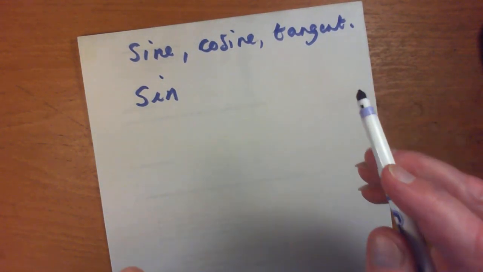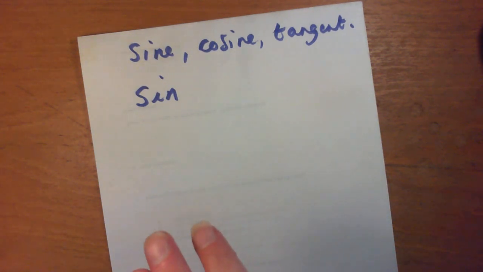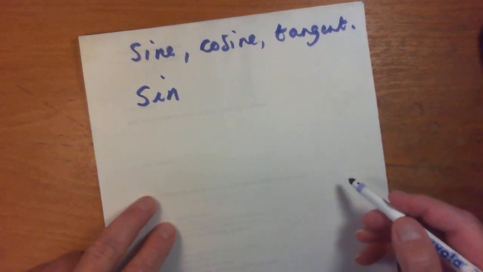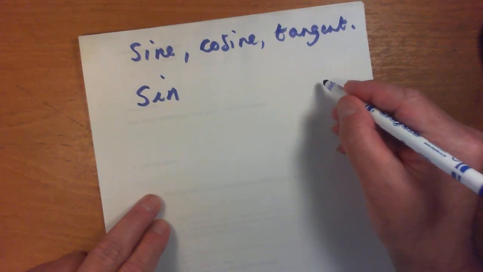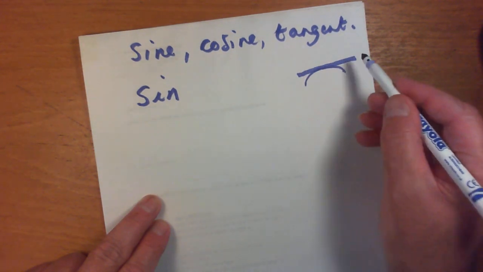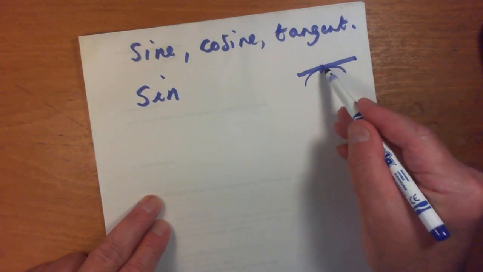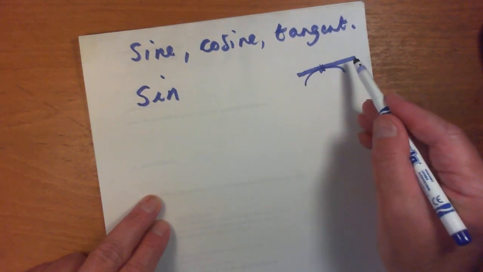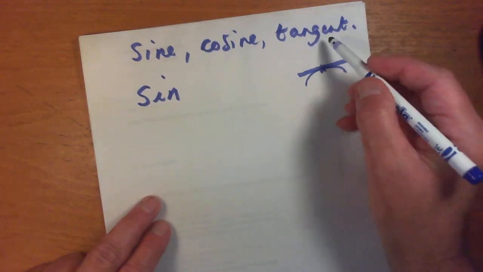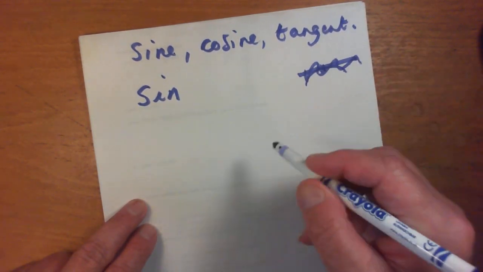A tangent could be a line which, if you had a curve like that, would briefly have the same gradient as the curve at a point. So that would be a tangent to that curve. But here, this is a totally different meaning. We're dealing with trigonometry here.